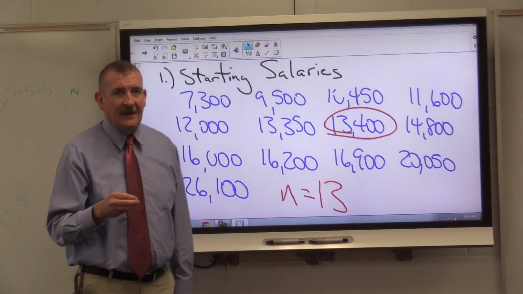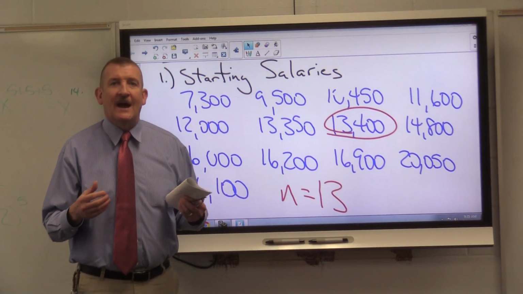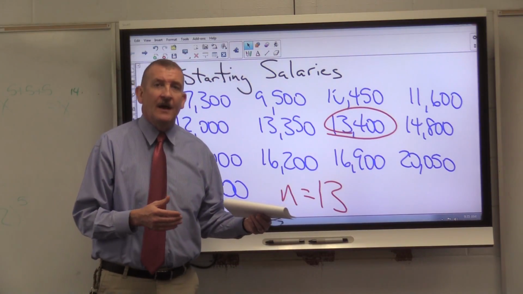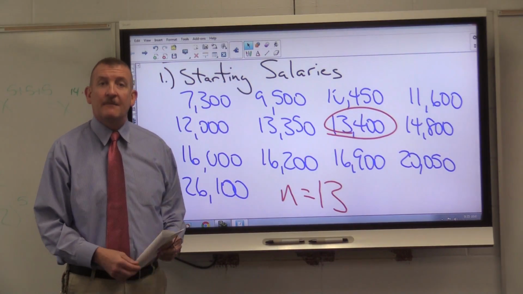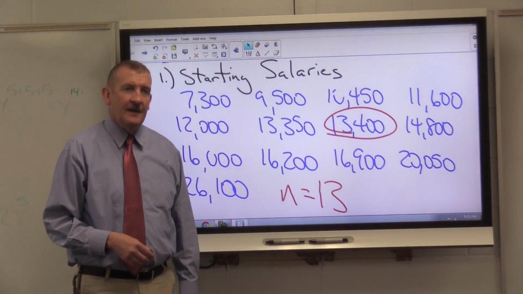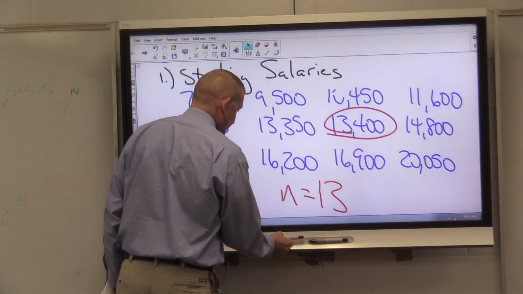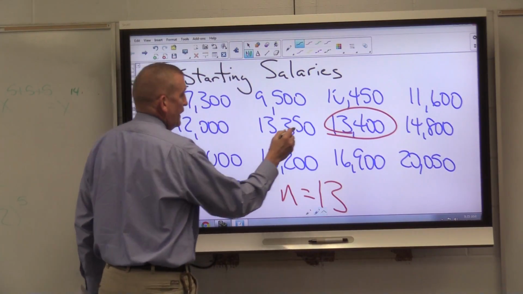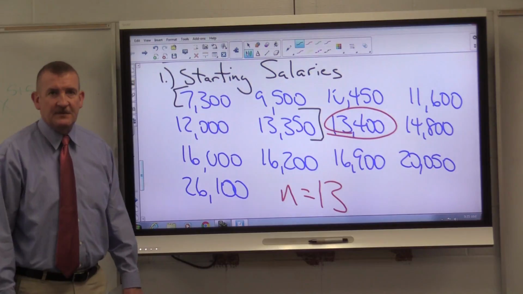So now I want to take my data set and calculate the upper and lower quartiles in order to get my interquartile range. Now, everybody look here. This is my lower 50% of the data.